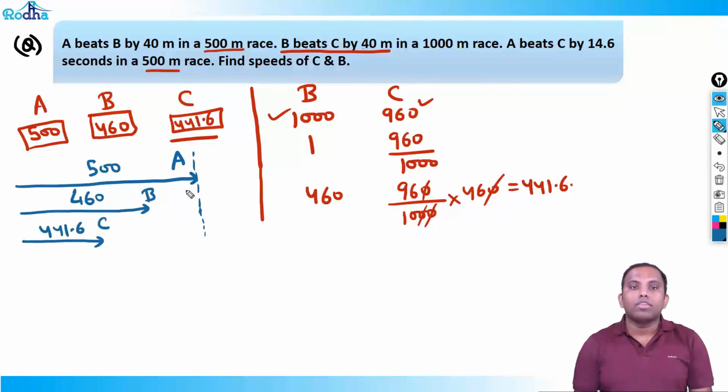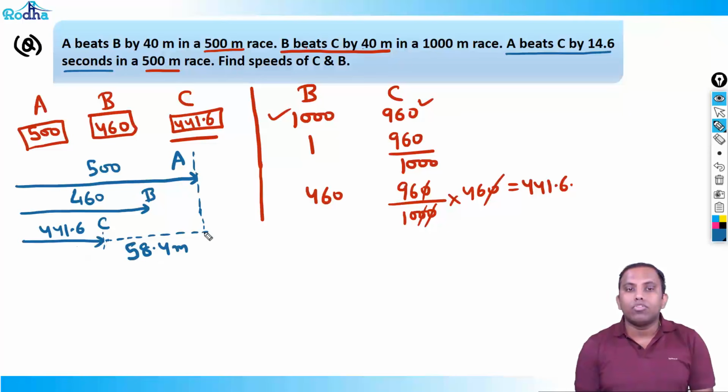Now it is given that in a 500 meter race, A beats C by 14.6 seconds. That means, again, time wise, when A finishes the race, C is at this point. So what is the left distance here? 500 minus 441.6, that is 58.4 meter.